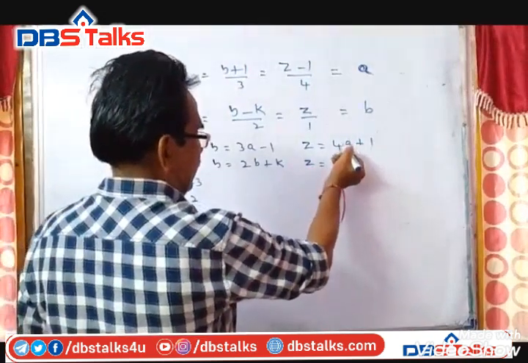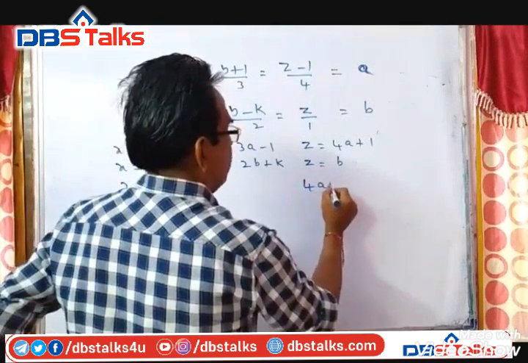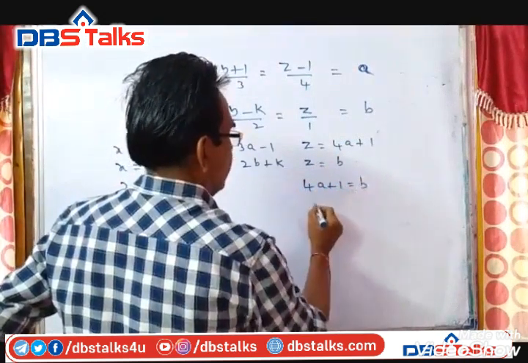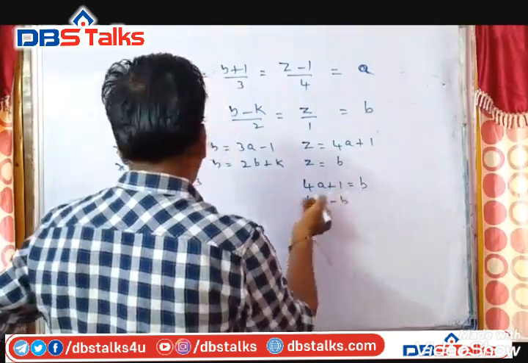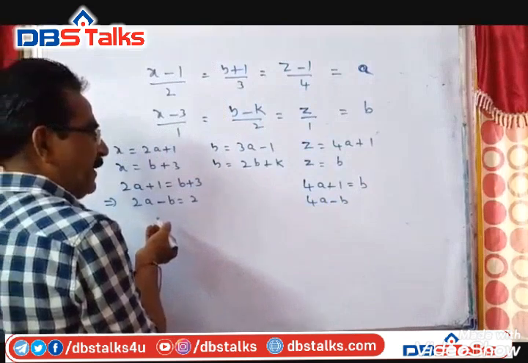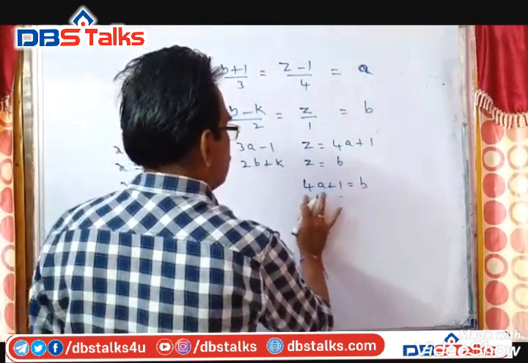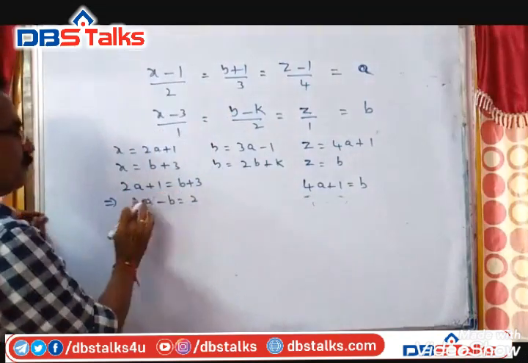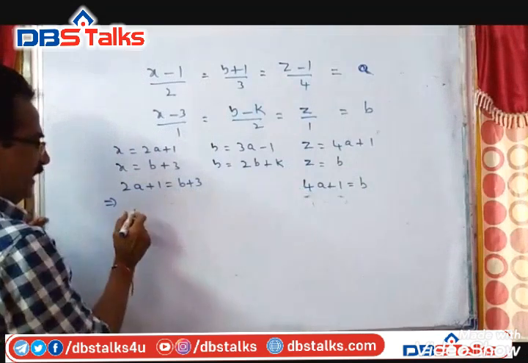And let us take here by equating z, 4a plus 1 is equal to b. So b is equal to 4a plus 1. We can substitute b is equal to 4a plus 1 here.